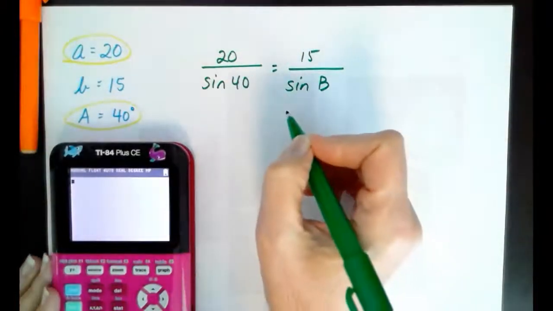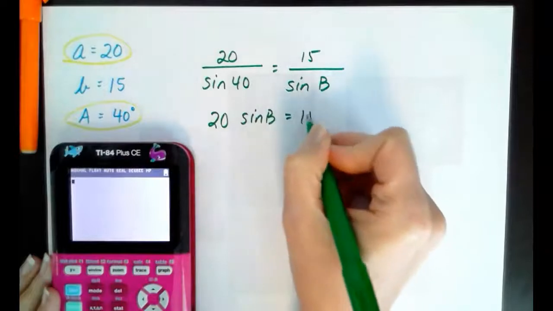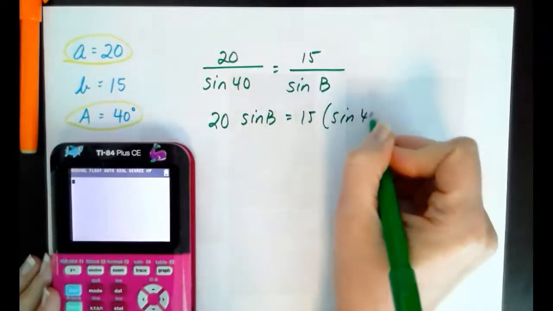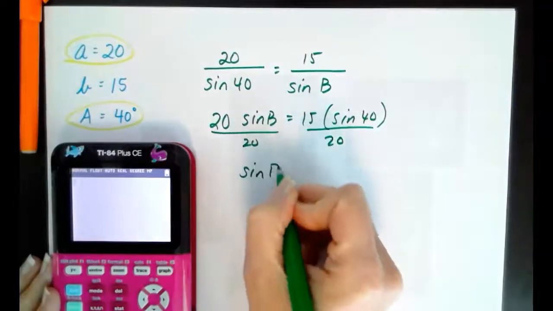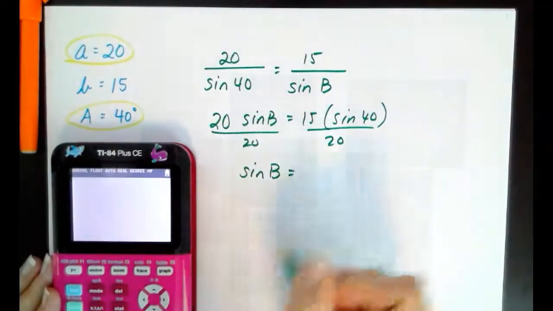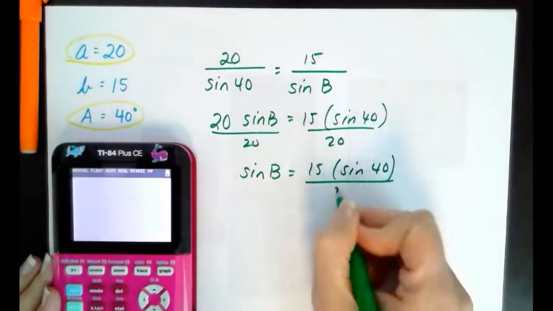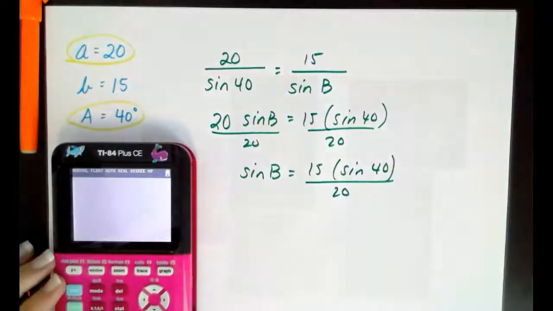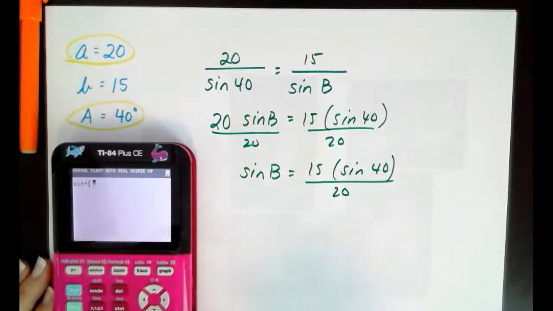So I'll show my cross multiplication here. 20 sine B equals 15 times sine 40, divide by 20, divide by 20. Sine B equals all of that. And this is the time to go to your calculator, the sine inverse function, and also a good idea to utilize your fraction function here.